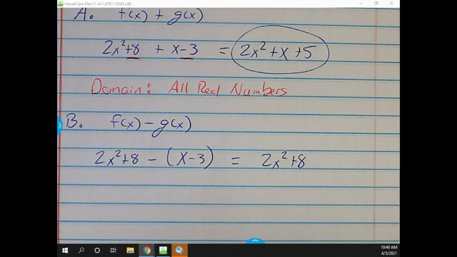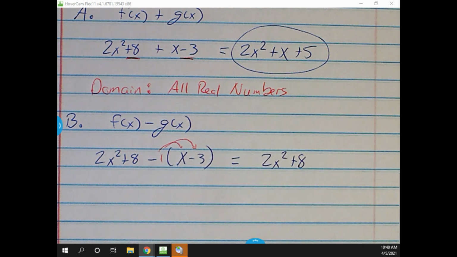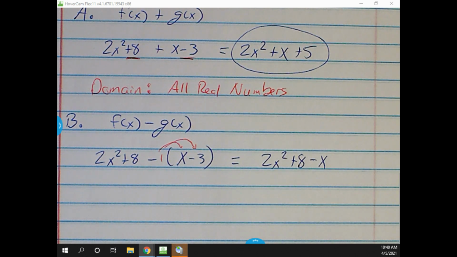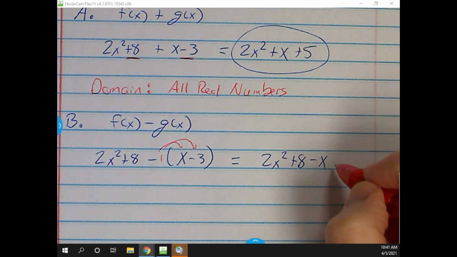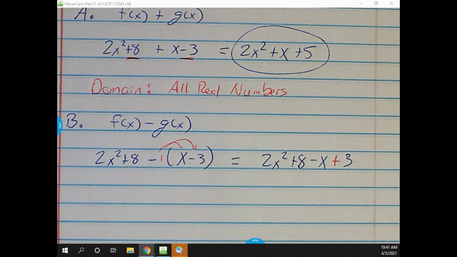And again, you can think about this one a couple of different ways. With the minus in front, it's almost like the distributive property with a -1, that it's -1 times x, and then it's -1 times -3. And most everybody will put the minus x because that's the easy one to do. The one thing that sometimes people forget is they'll forget to change that minus negative to a plus to make that a plus 3.